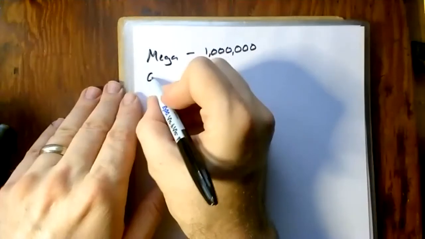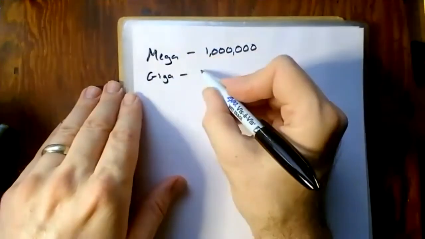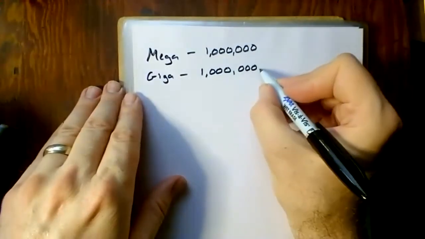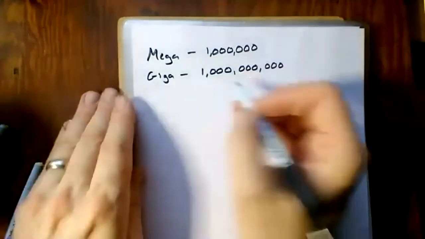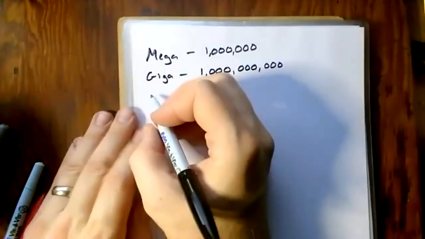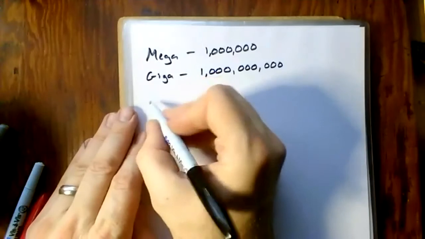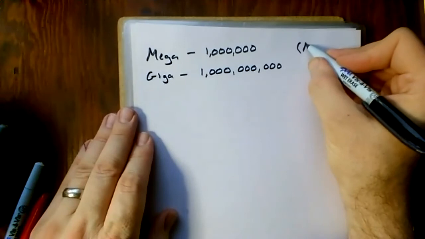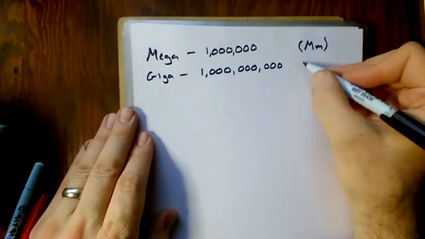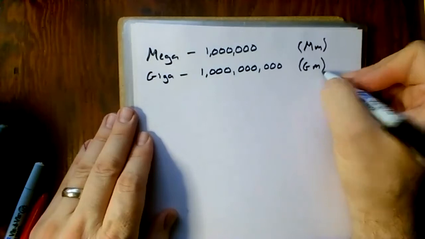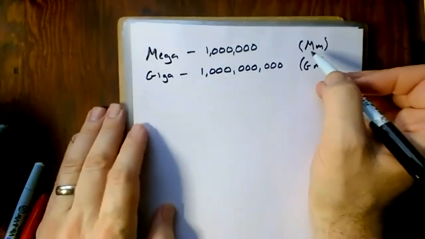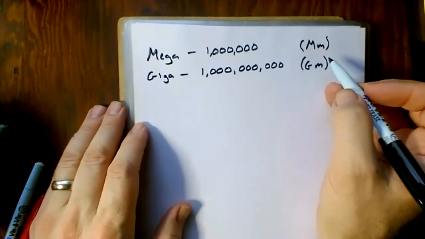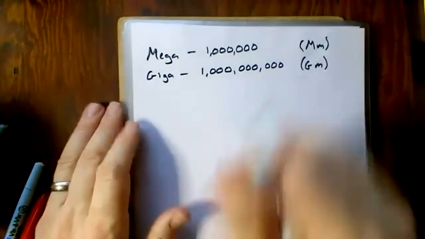There's giga, which is a billion, so 1,000 megas. So gigameter. And you've probably heard of these mostly in terms of bytes: 1 million bytes, 1 billion bytes, megabytes, gigabytes, things like that.